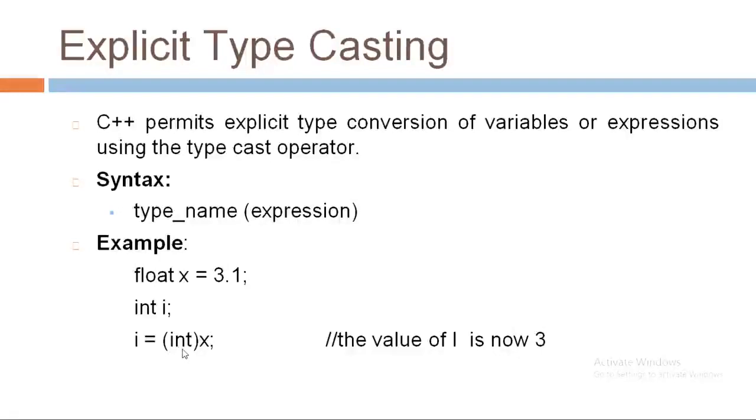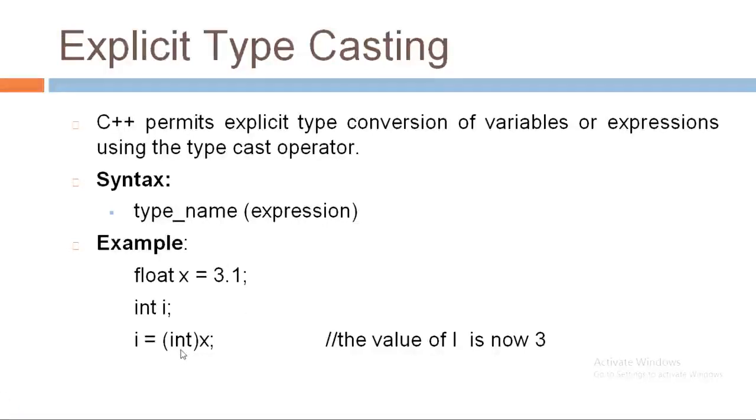So here in our example, x has the value 3.1, that is a floating point value, and i is declared as an integer. If I want to assign the value of x to i, it is not possible because both data types are different. Implicit typecasting is not done automatically here, so we are doing explicit typecasting using the explicit typecasting operator.